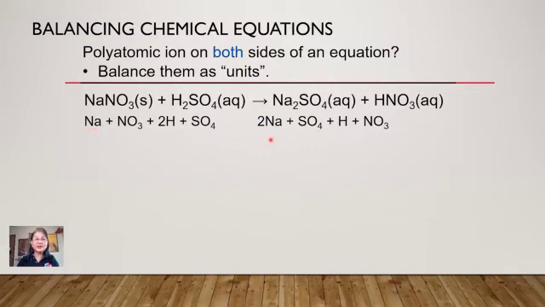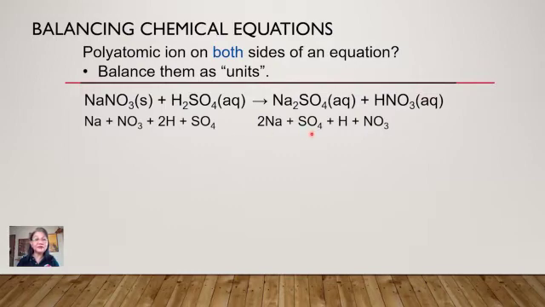Obviously, sodium does not balance. The nitrate ions are the same, one here and another one there. Hydrogen, there are two in the reactant. In the product, there's only one there. And the sulfate ion is counted as one whole SO4, so there's only one.